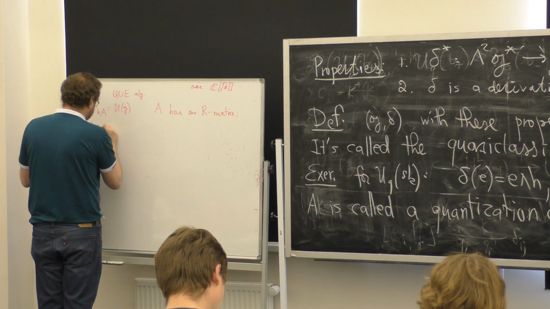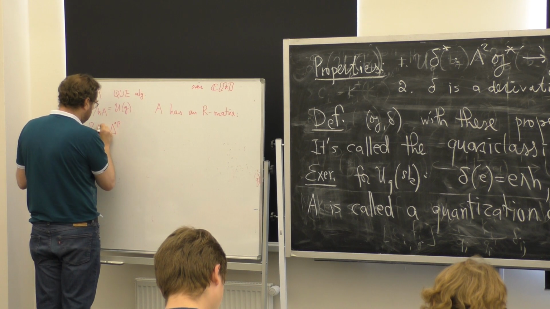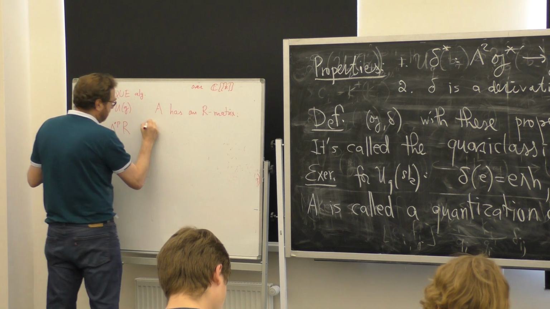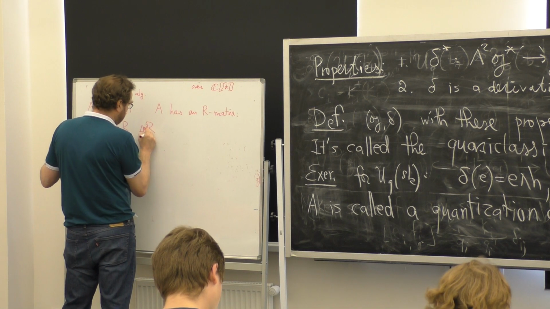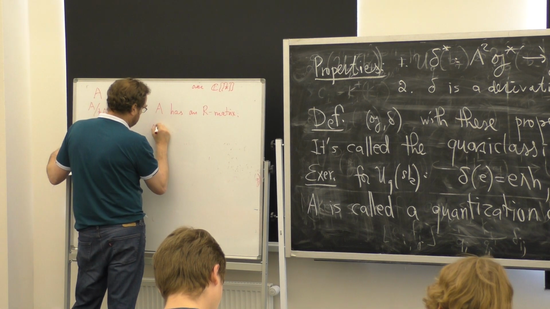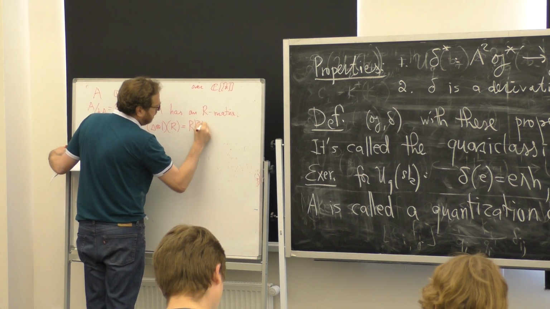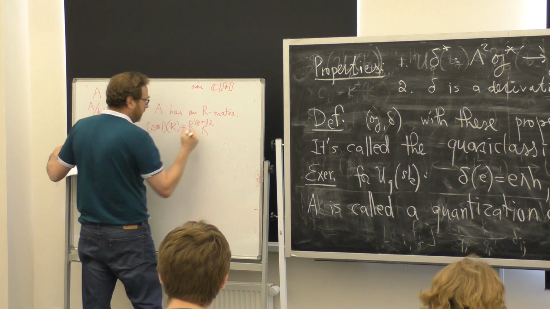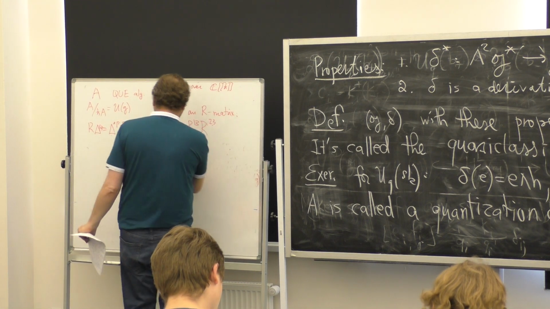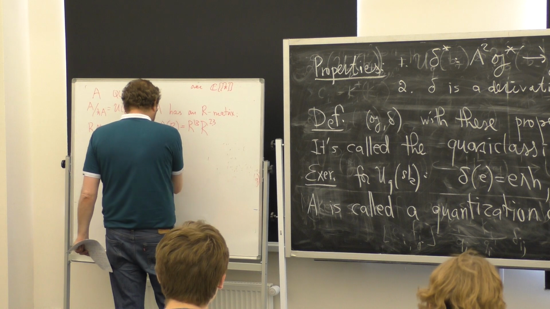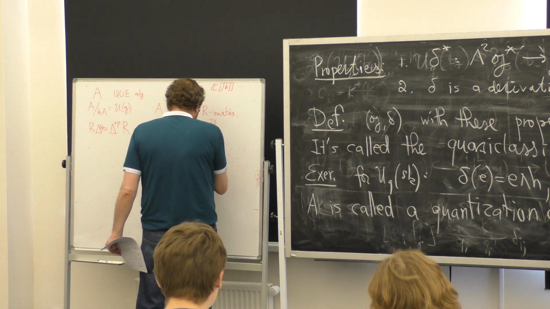It means R times delta equals delta opposite times R, and (delta tensor 1)(R) equals R13 R23, and (1 tensor delta)(R) equals R13 R12.